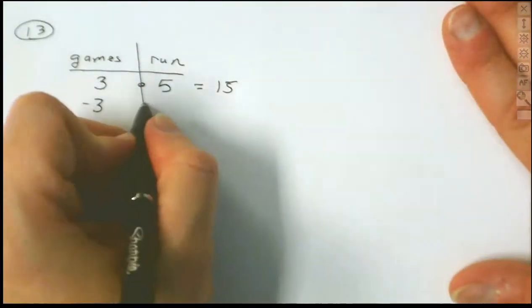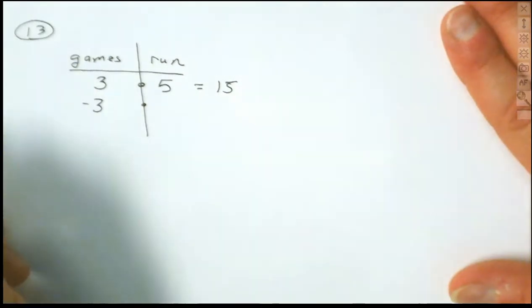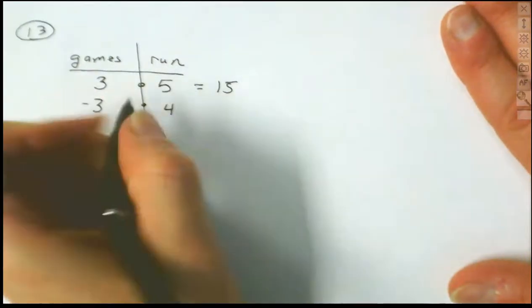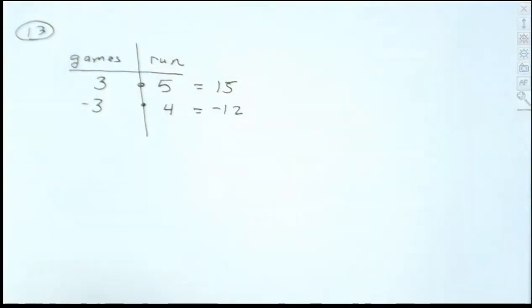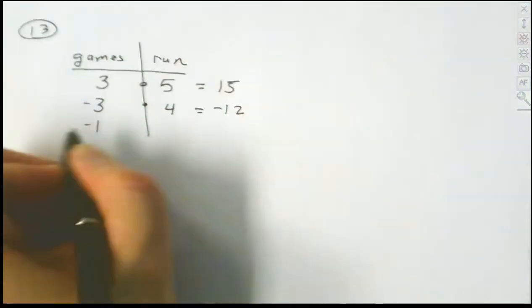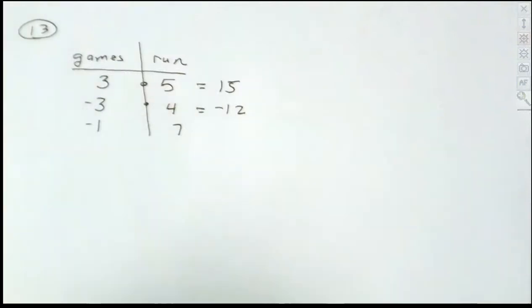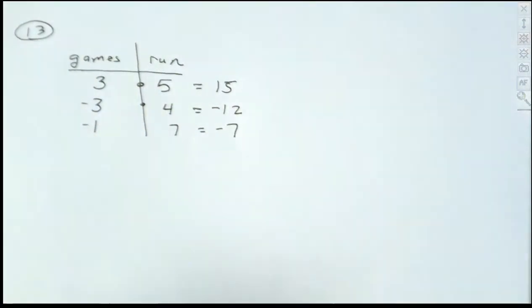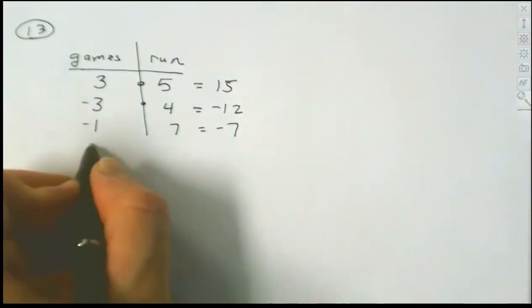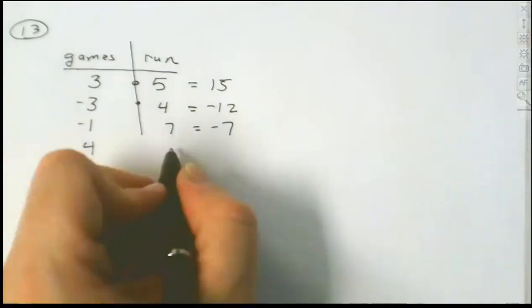They lost 3 games by 4 runs, so that makes that a negative 12 on that piece. They lost 1 game by 7 runs, so that's going to be minus 1 times 7 runs, that makes that then a negative 7. And then they finished the season by winning 4 games by 3 runs.